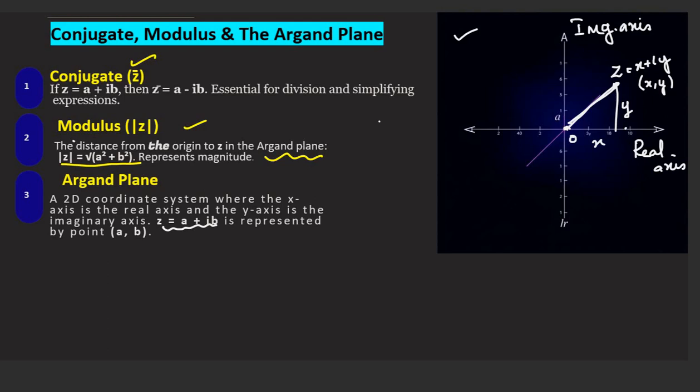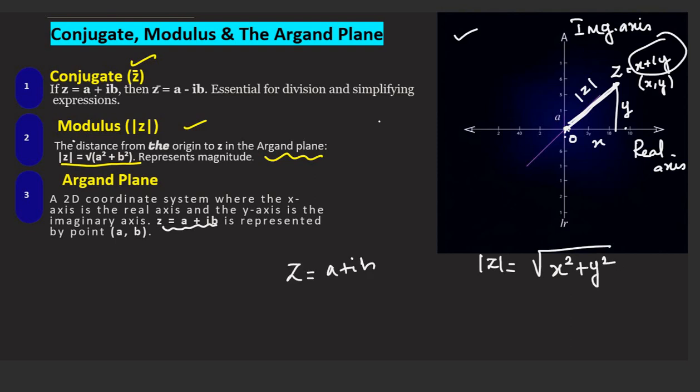Then this line from O to z is the modulus of z. Modulus of z is equal to root of a square plus b square as given in the definition. Since I have represented the point as x and y, it will be root of x square plus y square. If z is equal to a plus ib, then modulus of z is equal to root of the real part square a square plus b square. So the distance from the origin to the given point gives us the modulus of z.